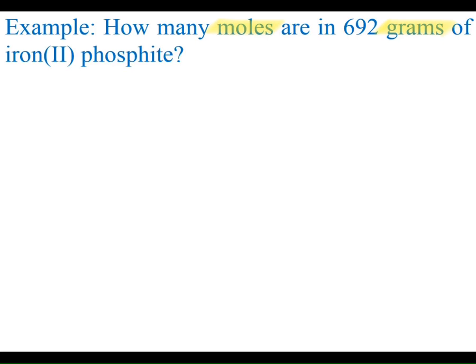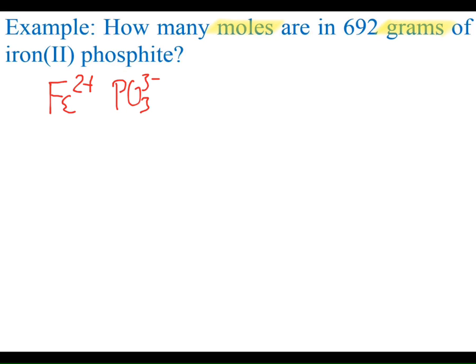So, first obstacle, what is iron 2 phosphate? What's iron 2 mean? Fe2 plus, yes. What's phosphate? PO3, 3 negative.